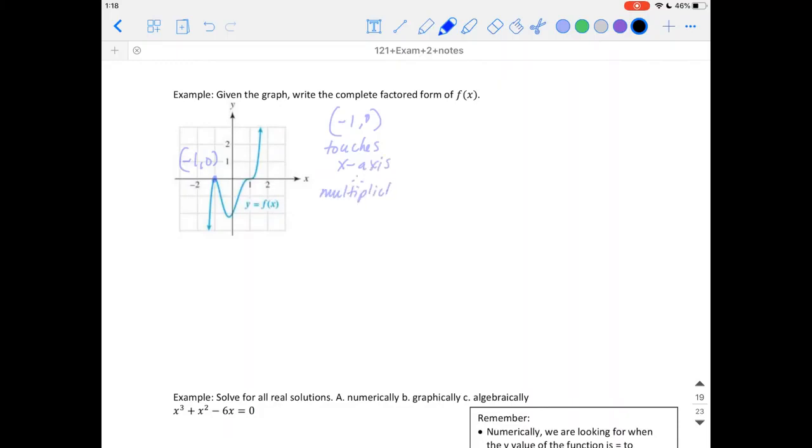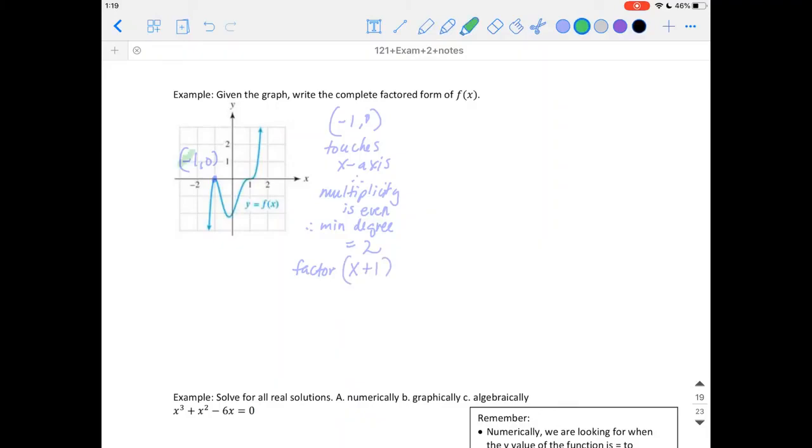Therefore, the multiplicity is even. Therefore, the minimum degree is equal to 2. The factor is gonna be x plus 1.